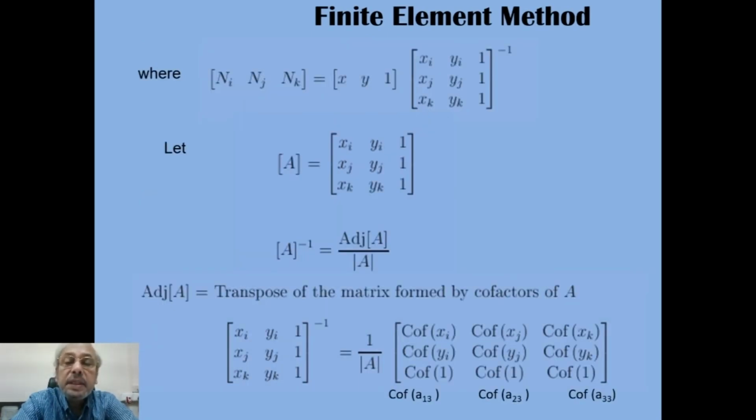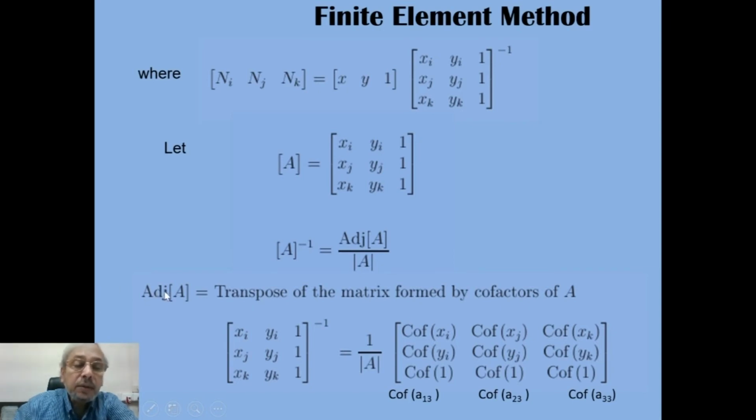And as we can see, Ni, Nj, Nk is basically x, y, 1 multiplied by the inverse of this matrix, so inverse of matrix A. Now very clearly we can define xi, yi, 1 first row, xj, yj, 1 second row, xk, yk, 1 third row. And the inverse is, as usual, given by the adjoint of the matrix divided by the determinant of the matrix.